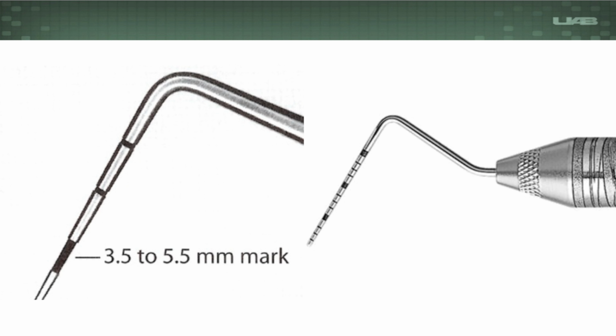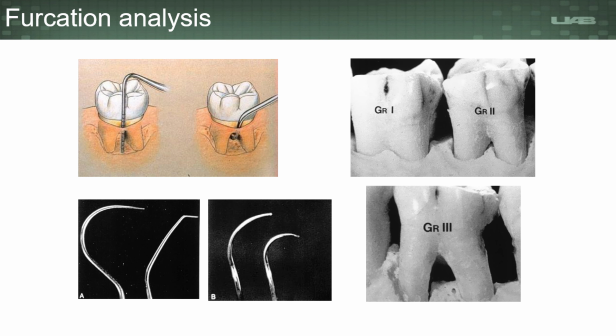So in addition to our probing measurements, we need to find out how complex the disease is. And so we gather complexity by recording probing depths, but we also gather complexity by looking at the furcation invasion.